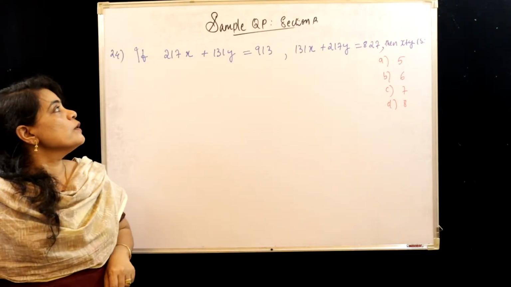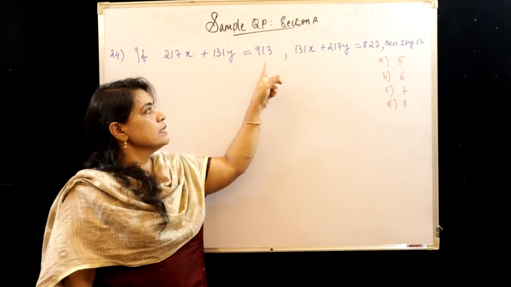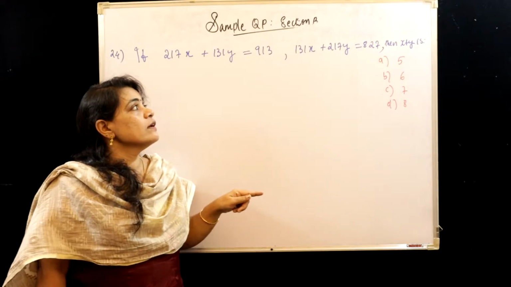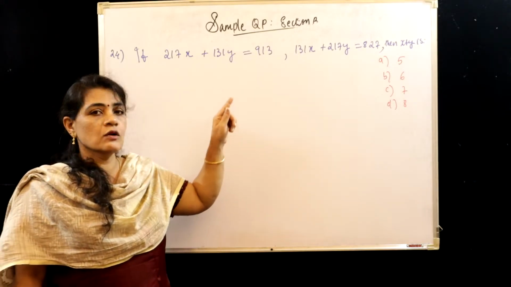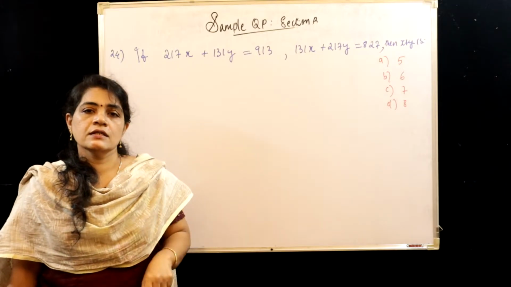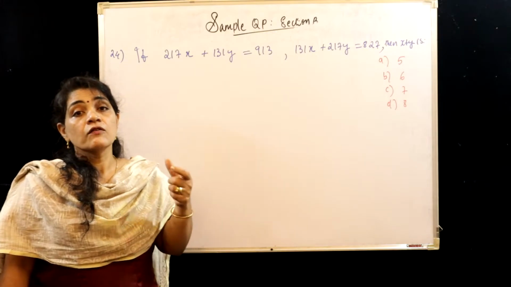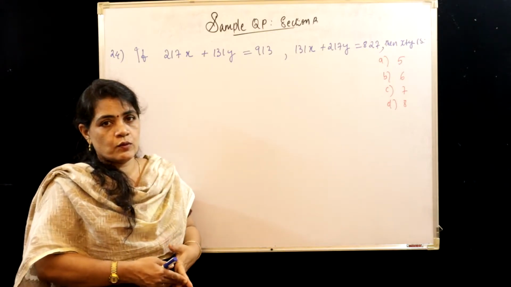Here, if 217x plus 131y is equal to 913, and 131x plus 217y is equal to 827, then x plus y is, we have 4 options: 5, 6, 7 and 8. That is, we should get the sum x plus y.